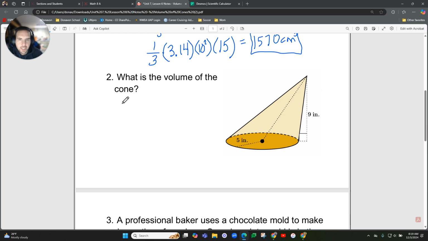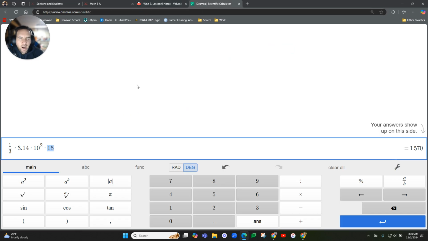Okay, so the formula again is volume is equal to 1/3 times pi. So again, we're using 3.14 times the radius squared. So that's 5 squared times the height. All right, so for this one, all I need to remember is that the radius is 5, the height is 9. Sorry, I said 10.